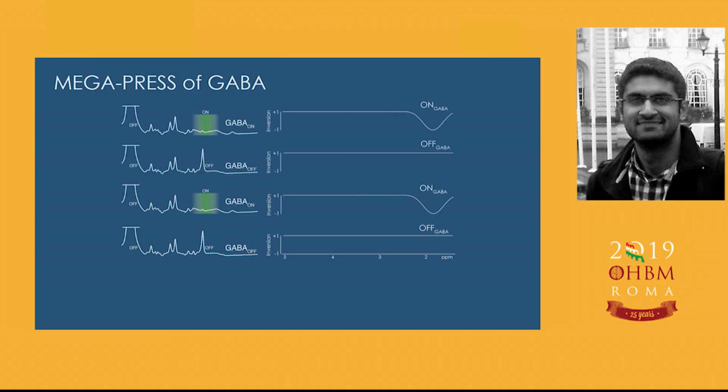You can repeat this n number of times, usually 320 times, to get sufficient signal to noise ratio. Now you take all the edit-ons for GABA minus all the edit-offs, and you get your GABA-edited spectrum. One point to note is that the editing pulses do not affect your creatine signal, as mentioned earlier by de Graaf, and that results in removing the overlapping creatine signal and revealing the underlying GABA signal.